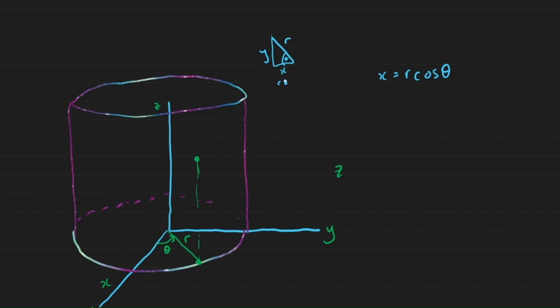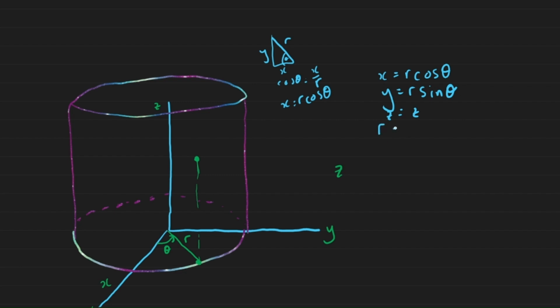So of course cos theta is x over r. So x is r cos theta. So y is also done in a similar manner. So y is r sine theta. Z just remains as z. There's no transformation of variables there.